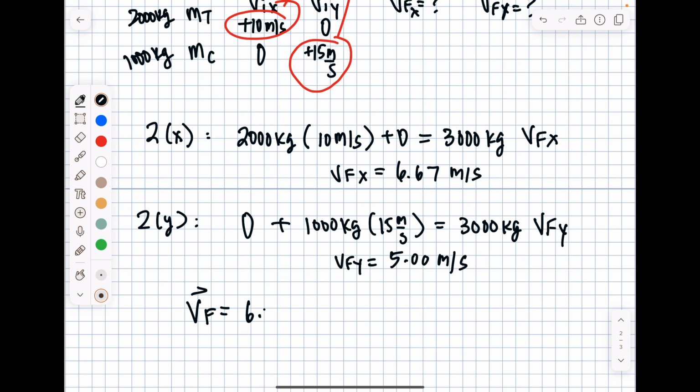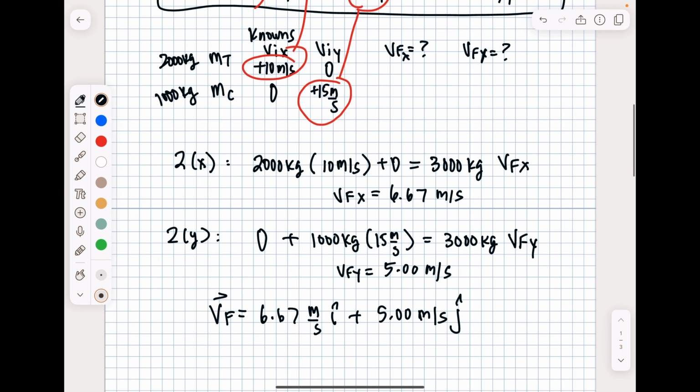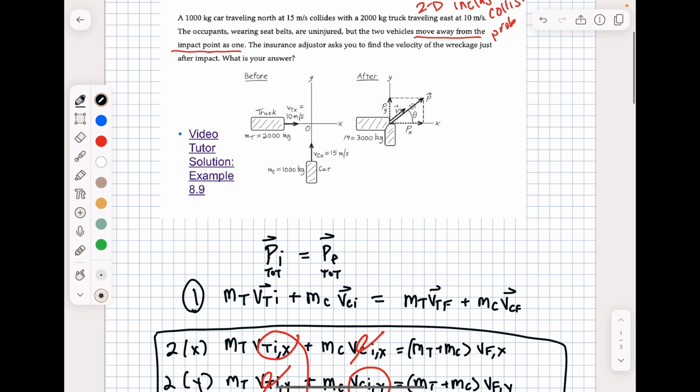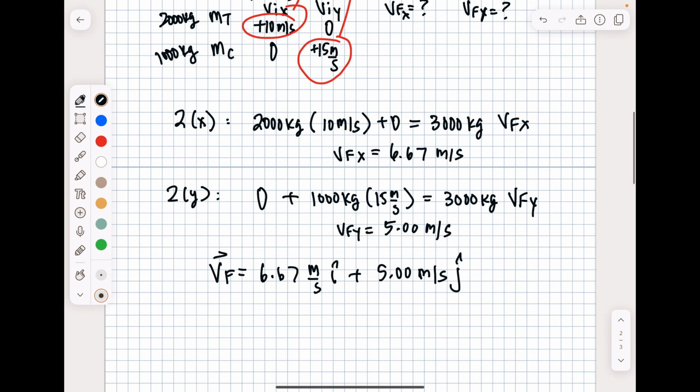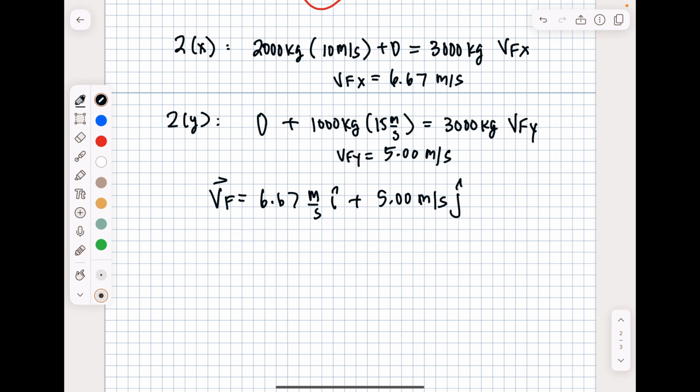It's going to have an x component and a y component. And you can see that that is pretty much what's pictured here, right? A final velocity that's pointing in the first quadrant, positive x, positive y. So in order to describe this velocity, you can describe it in x and y, or you can give a magnitude and an angle.